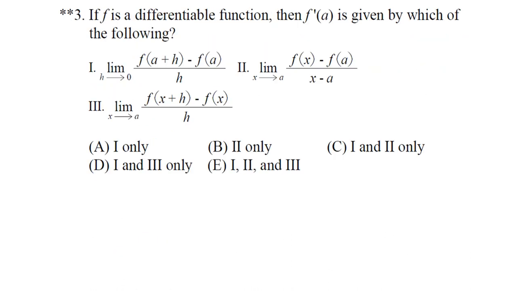And it looks like they are in evidence both in Roman numeral 1 and Roman numeral 2. But this x equals a doesn't do anything with this h to get the denominator to 0. So that's not going to work out. So we're looking at 1 and 2 only.